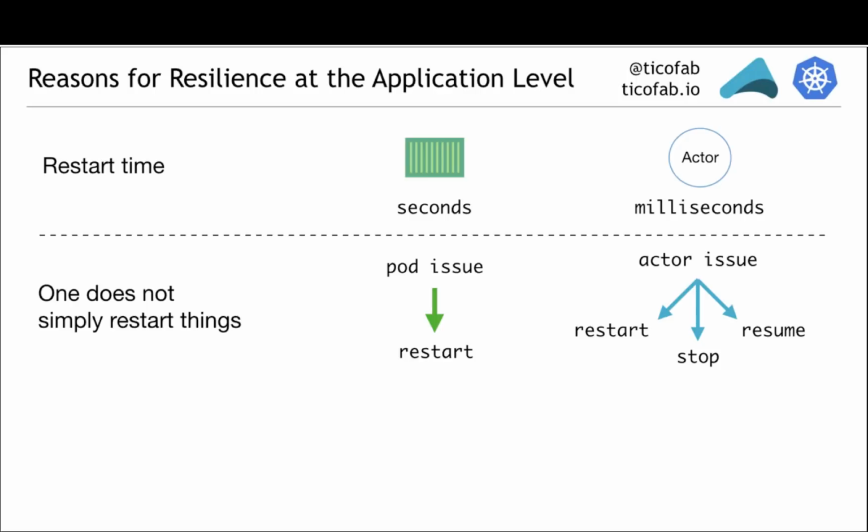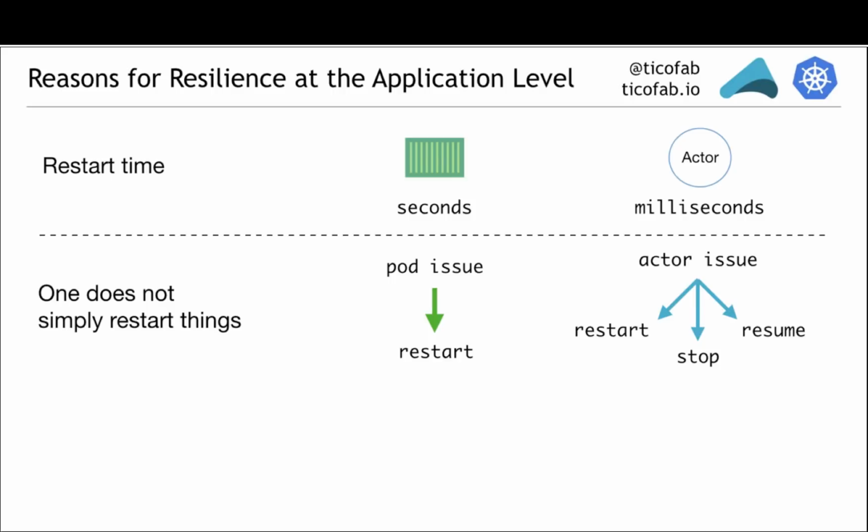If you try to use Kubernetes, I'm sure you've seen this at least once, where a pod crashes, is restarted, and immediately crashes again, and Kubernetes restarts it again in an endless loop. If we take care of this kind of resilience inside our application, then if we have issues, we can choose what to do with it. So as I mentioned earlier, we can have different strategies: restart, stop, or resume.